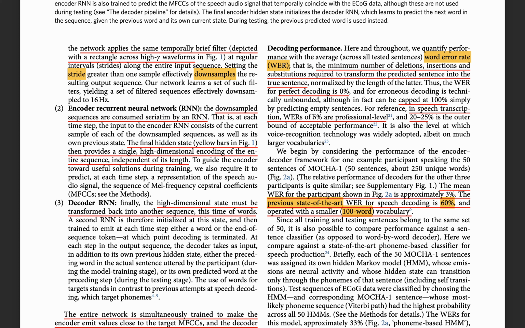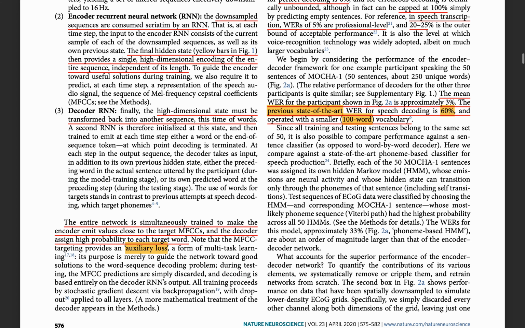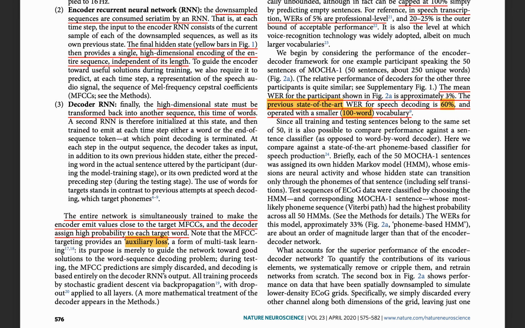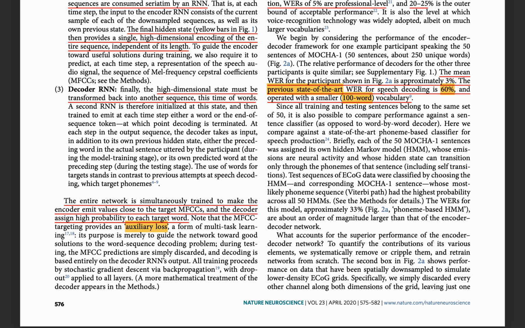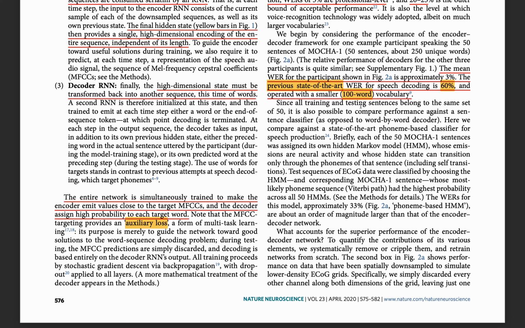In ideal scenarios, we want to try to beat 5%, and what they claim they have done is achieved performance of 3%, that is an average word error rate of 3%, which was able to beat the previous state of the art for speech decoding from neural activity. It was around 60%, which is a lot, and that was done using a smaller vocabulary, around 100 words. So that's the key success of this particular paper or experiment. It was able to achieve a much lower word error rate on a slightly larger vocabulary.